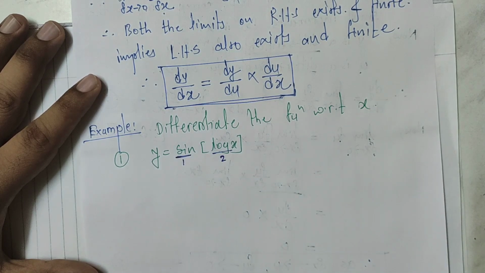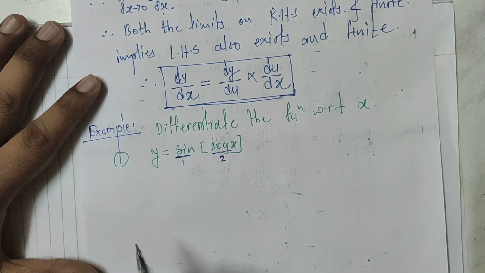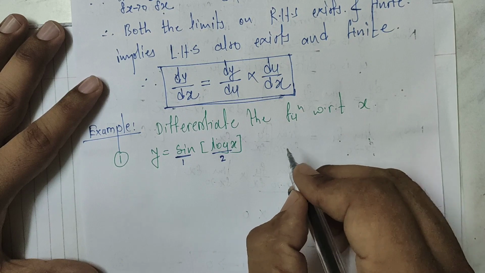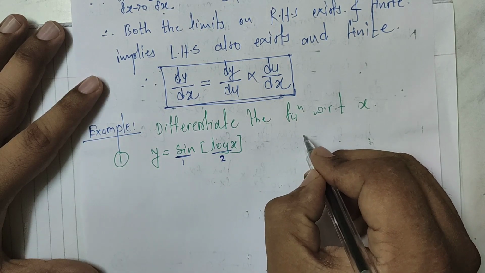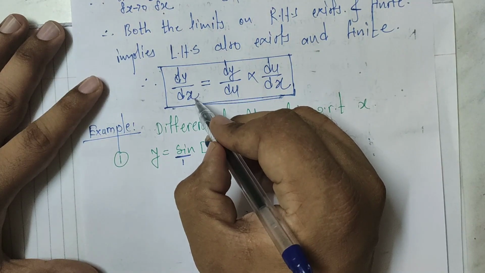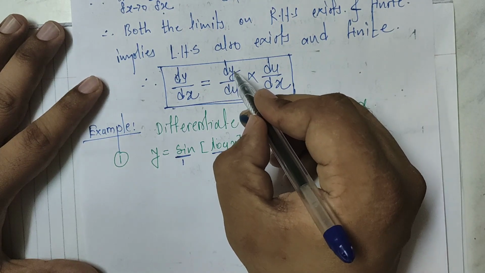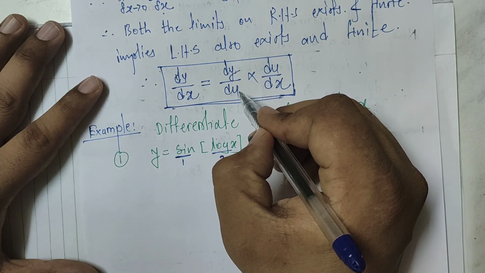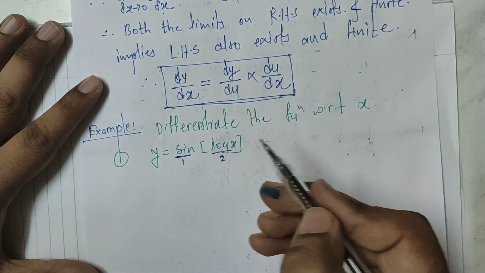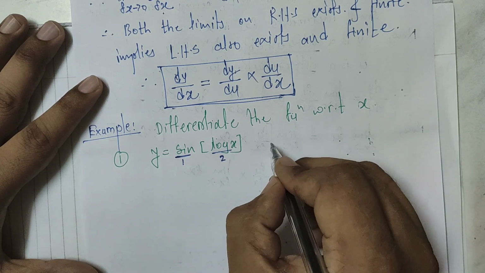My question is how to differentiate this function by using the chain rule. Our chain rule says that to differentiate y with respect to x, first of all you have to differentiate y with respect to u.